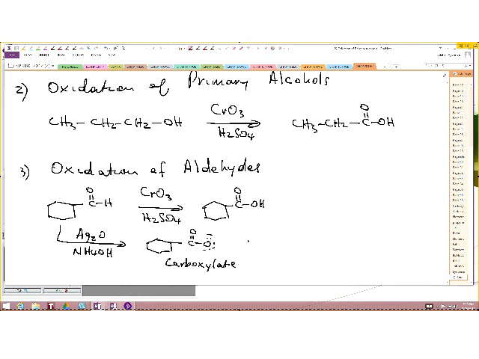And then when you add the dilute acid to it, you get your carboxylic acid.